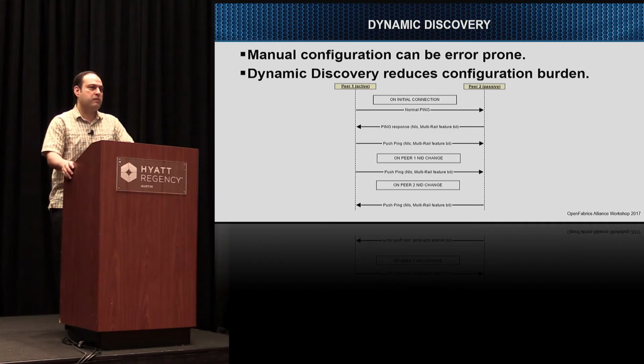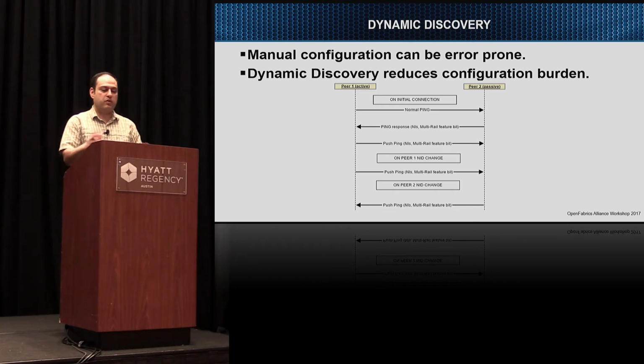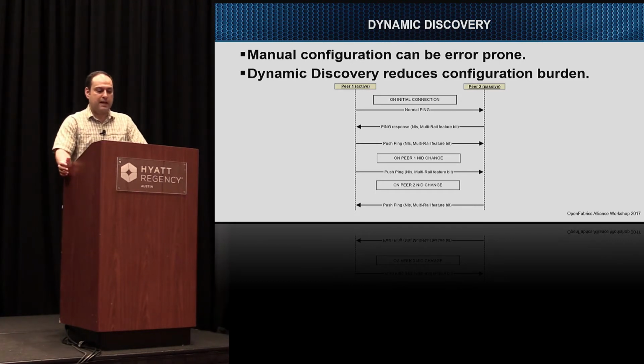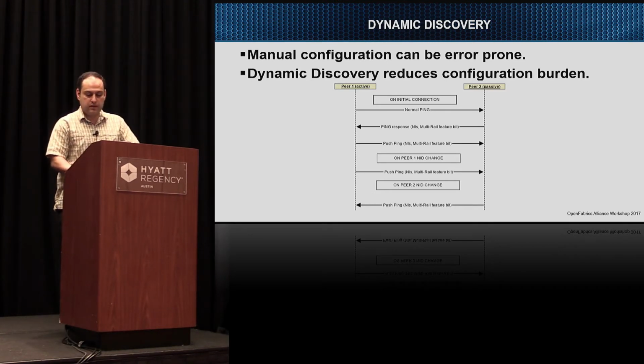And if the MultiRail bit is set in the feature bit mask, we know now that it is MultiRail capable, and then we push our interfaces to it. And through this simple protocol, both the local and the remote sides now have the peer interface information, and they're able to use it. So the configuration steps that I mentioned earlier are reduced to only configuring the local interfaces.